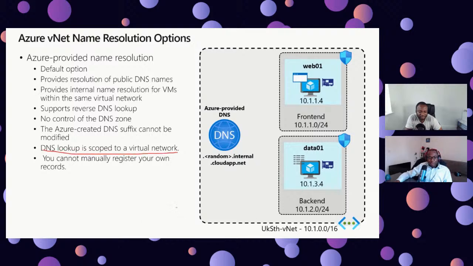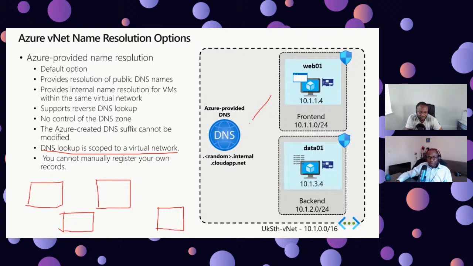So what this means, Kofi, is that this is one virtual network that I have in Azure. What happens if I have 5 of them, right? So I have virtual network 2, I have virtual network 3, I have 4, and I have 5. I have all these virtual networks everywhere. Well, Azure provided DNS is scoped to this network.